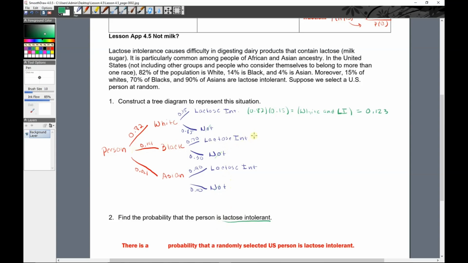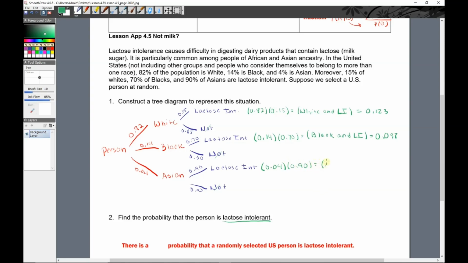Following this branch, this will be 0.14 times 0.70. That'll be black and lactose intolerant, and that will be 0.098. And that's just that product here. And then finally, the Asian and lactose intolerant is 0.04 times 0.90.